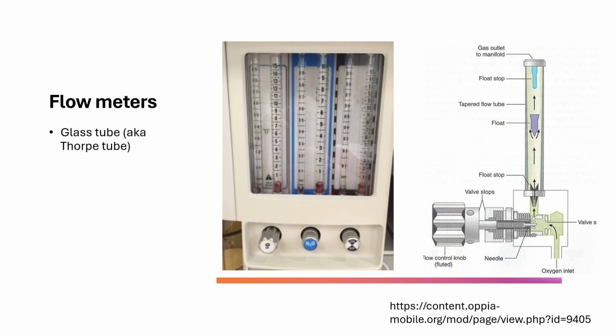Again, it is important to know that each tube is calibrated for a specific gas given different densities and obviously different temperatures. The flows which we measure will not be accurate if the tube is not vertical, or there is a leak in the system, or if a different gas is being used because of the density, or if the bobbin or ball itself sticks to the walls of the tube.